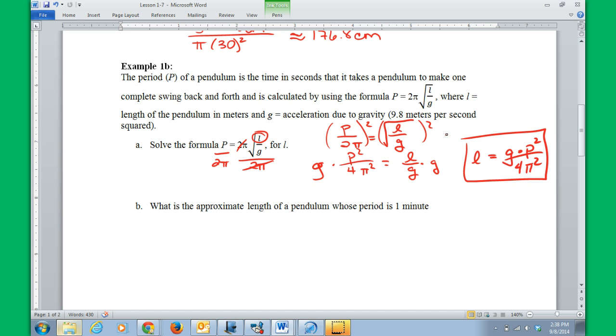So part B asks, what is the approximate length of the pendulum whose period is 1 minute? We already know that our G is 9.8. Okay, so I'm going to say L equals 9.8 times 1 squared over 4 times pi squared.